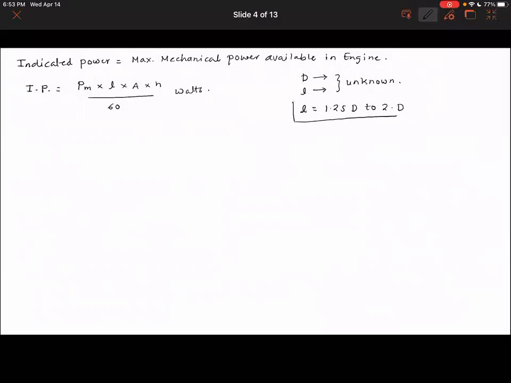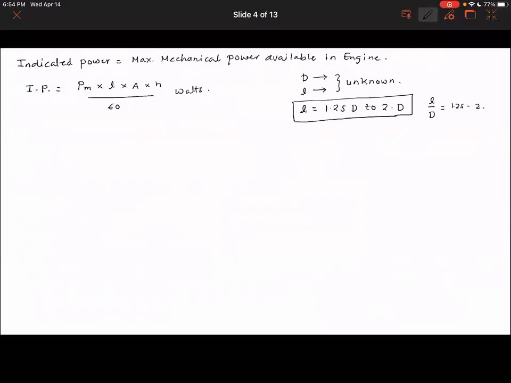This relationship is called the L to D ratio. An L to D ratio of 1.25 to 2 is quite common. In the case of some special purpose engines, called square engines, an L to D ratio of 1 is also possible. I have seen cylinder and piston assemblies with an L to D ratio of 1, but typically the L to D ratio can vary from 1.25 to 2.